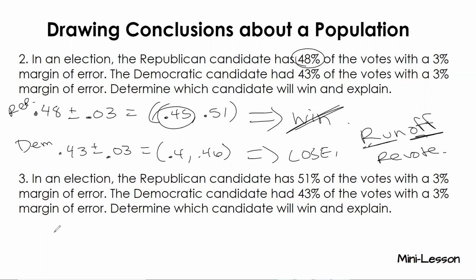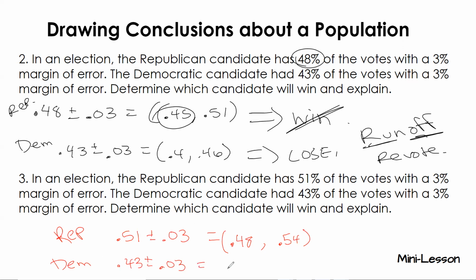On the next one, we've got the Republican. He's got 51% and we have a 3% margin of error. So we have 0.51 and we're going to add and subtract 0.03. That's going to give us 0.54 for our top number, and then 0.48 for the bottom number. For the Democrat, he's going to have 0.43, and we add and subtract that margin of error.